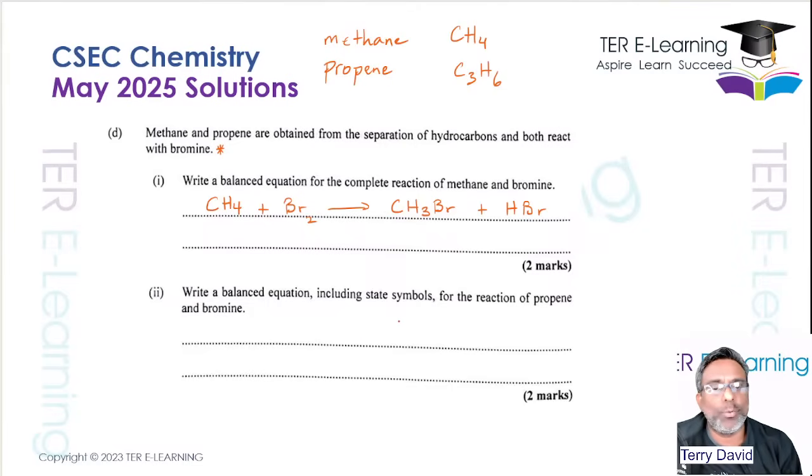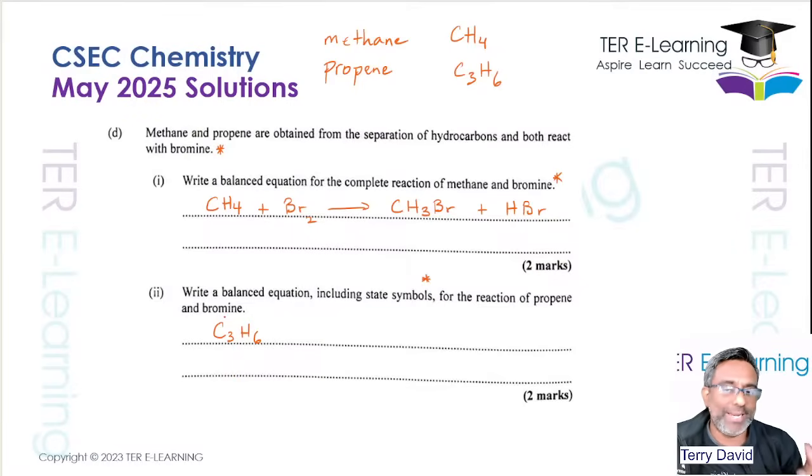The second one, now this one didn't ask for any state symbols, you will notice that. But the second one, write a balanced equation including state symbols for this compound here, propene. So propene is C3H6. Now you all are supposed to know at least the first 5 members of your homologous series.